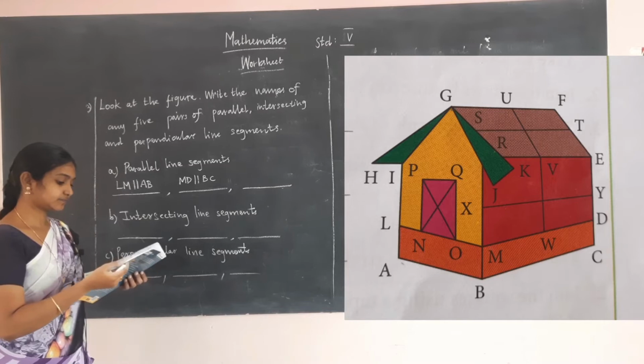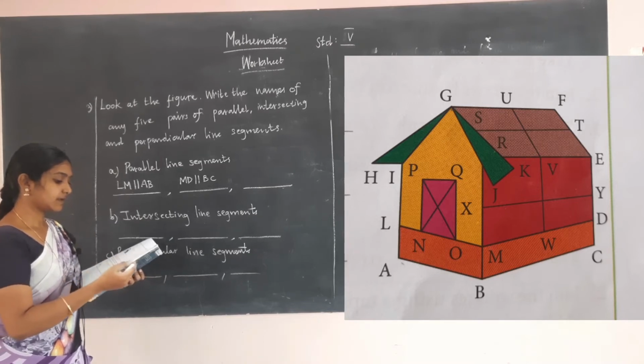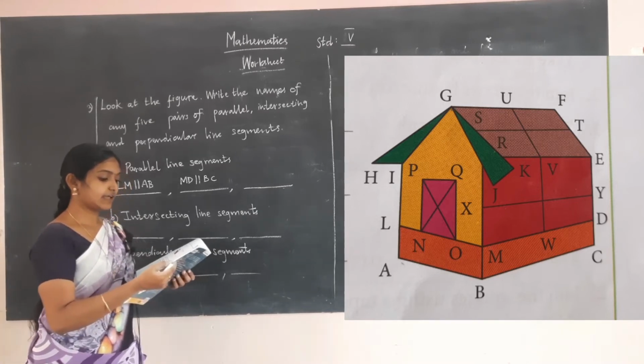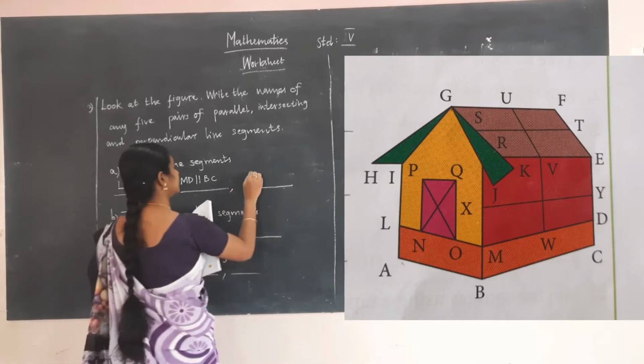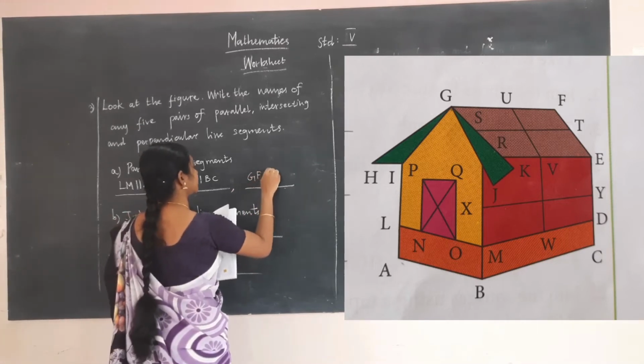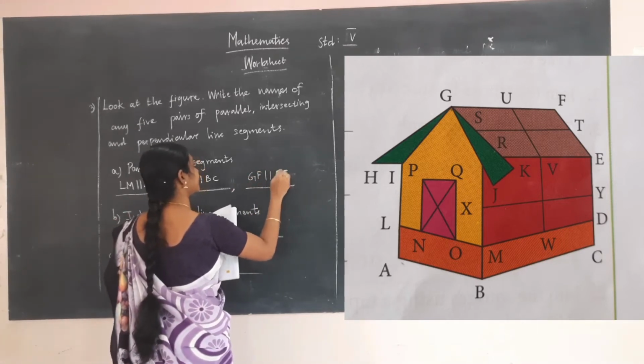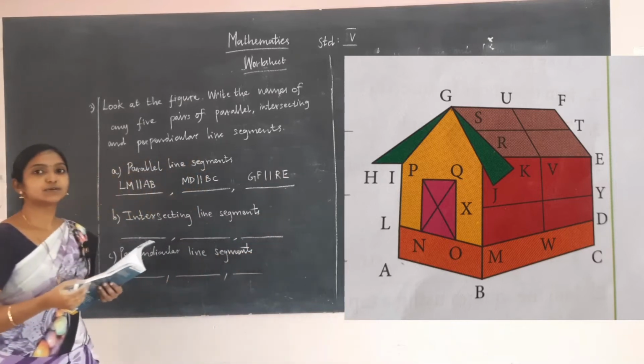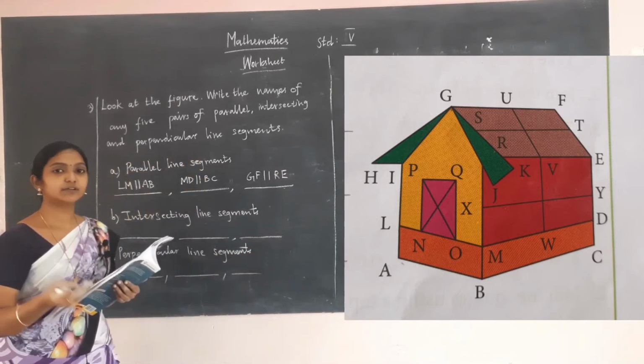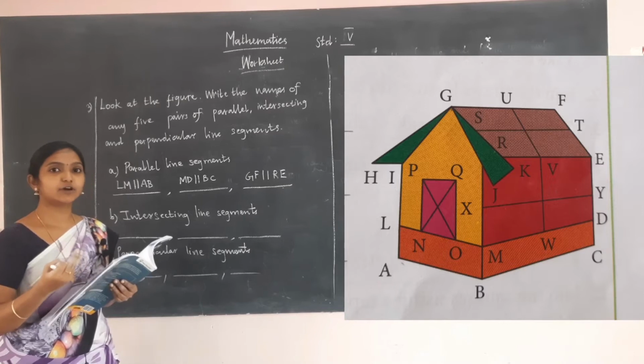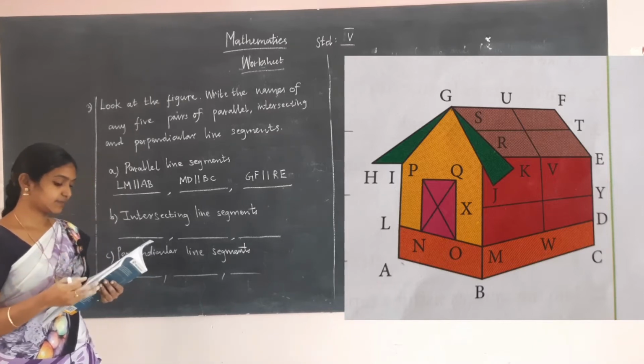Next, GF and RE. They are also parallel. I have found 3 parallel lines and you are going to find remaining 2.